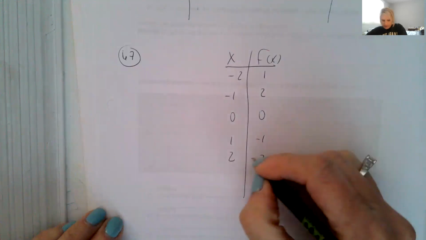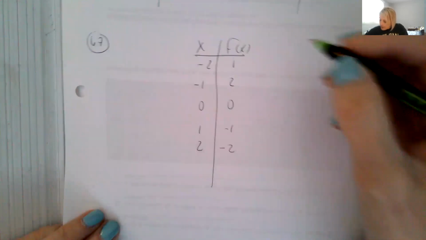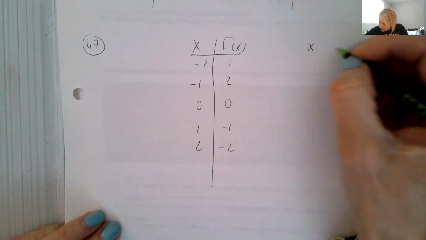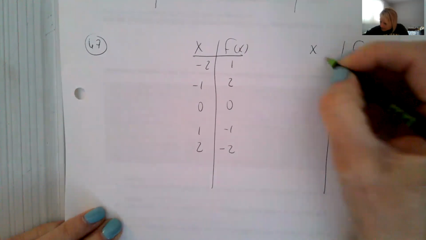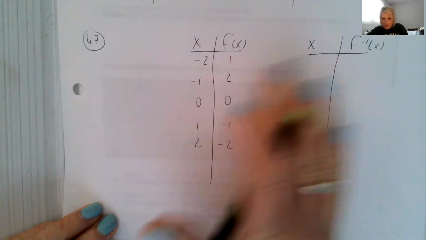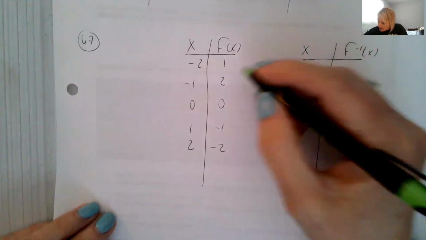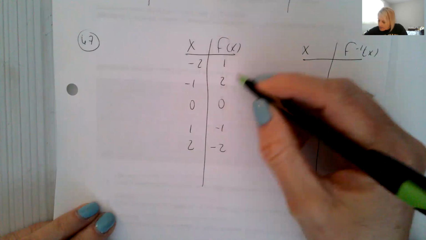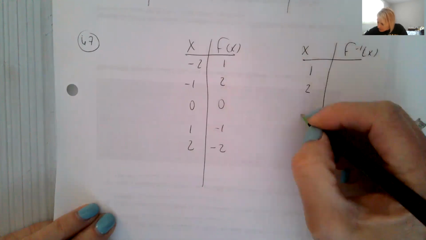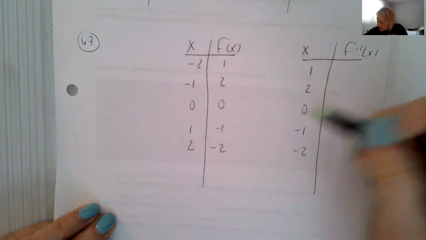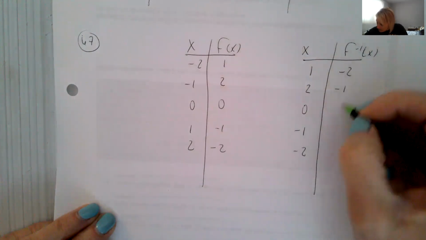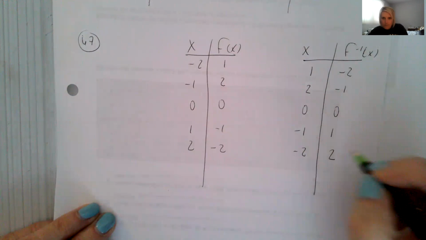And so I'm going to then do x and my inverse function of x. I'm just going to rewrite it, so then it'll help me better. So now these are all of my x's over here: 1, 2, 0, -1, and -2. And these are all of my outputs: -2, -1, 0, 1, and 2.